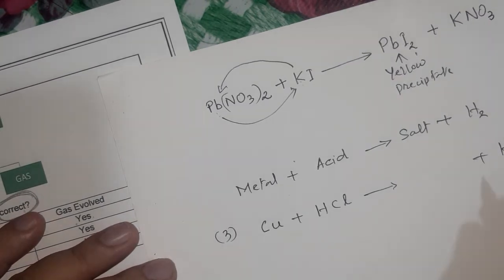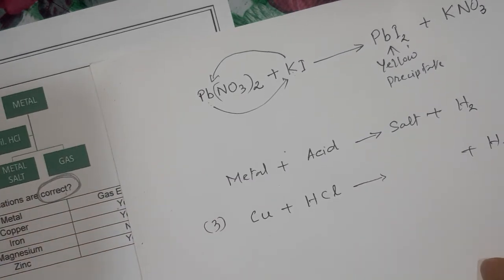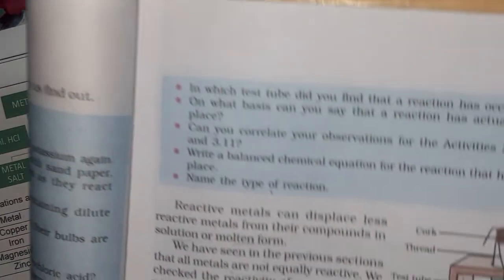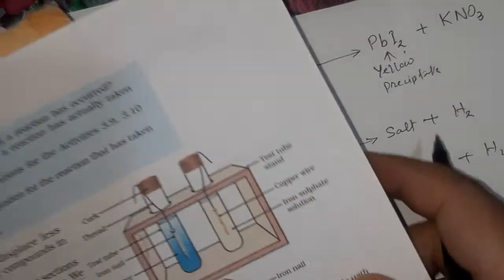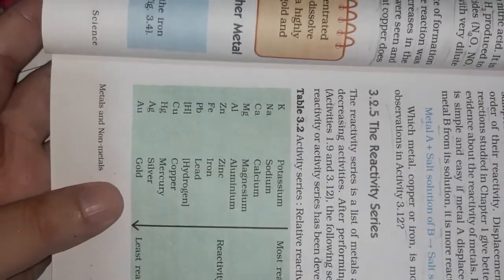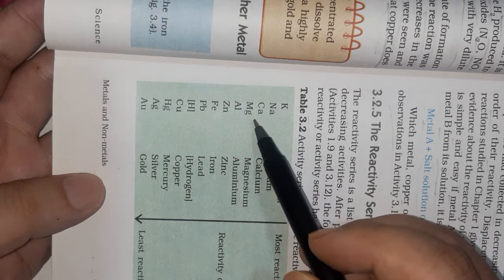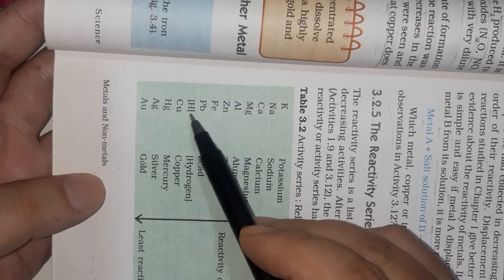But can it be possible? Let us check the reactivity series. You can see the reactivity series in your NCERT book, page number 45, where there is a chart given. Potassium, sodium, calcium, magnesium, aluminum, zinc, iron, lead, hydrogen, copper.